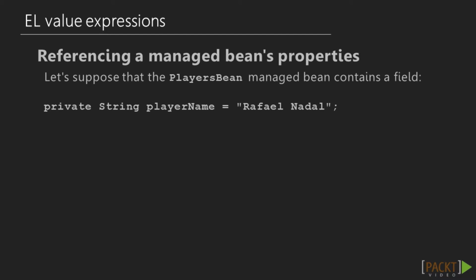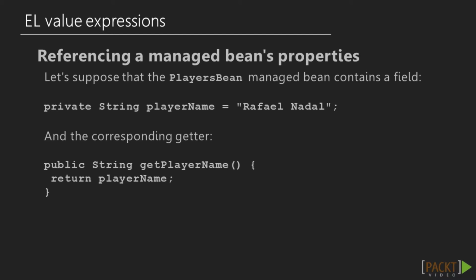For example, let's suppose that the player's bean contains a field named playerName. EL can access this field through its getter method, so you need to define a getter like this. Now an expression that accesses the playerName property can use the dot notation to refer to it, as shown in the following line of code.